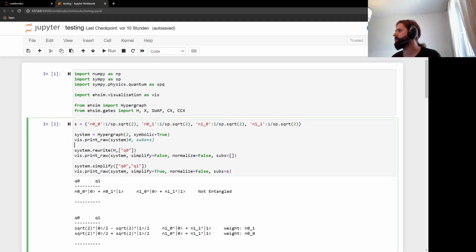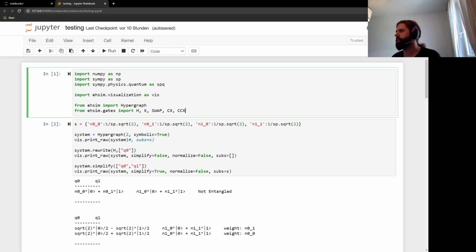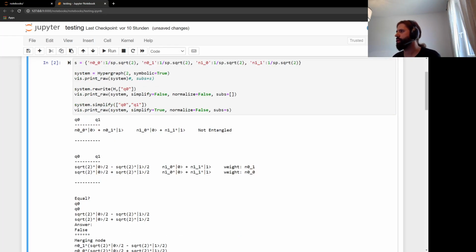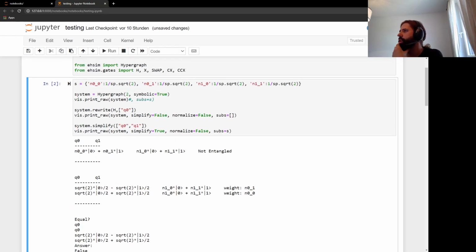Okay, so I import this stuff and I have this example here where I have two qubits. Oh, that's why.